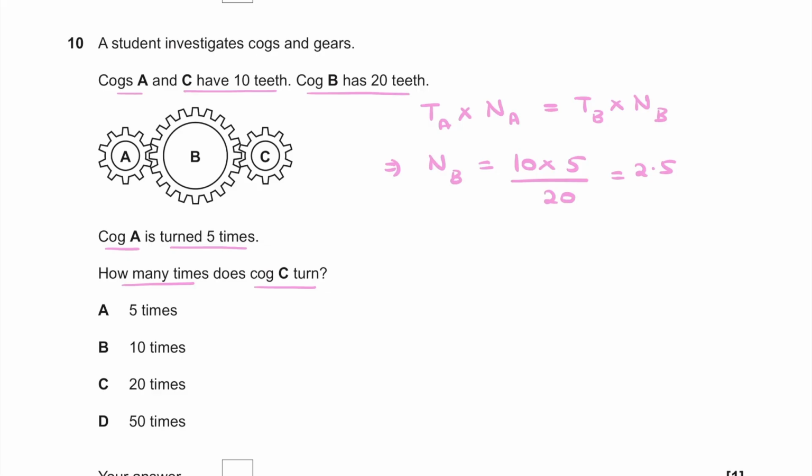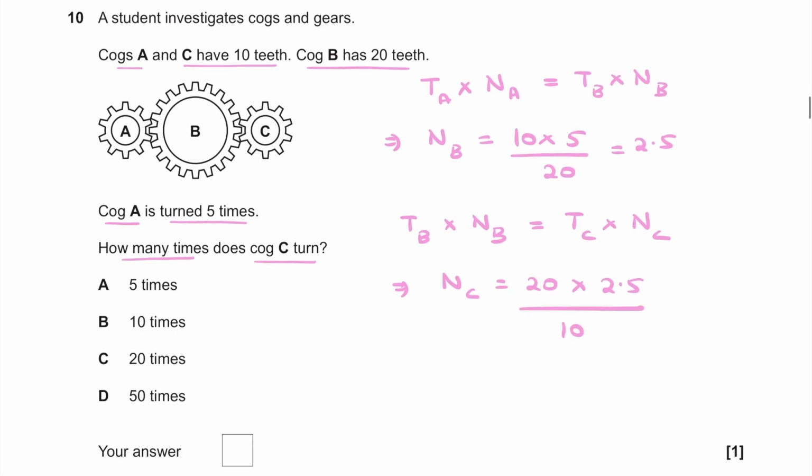Now I can use this number to work out the final answer. TB times NB is equal to TC times NC. So therefore, NC is going to be 20 times 2.5 over 10. And that gives me 5, and hence A is the correct option.